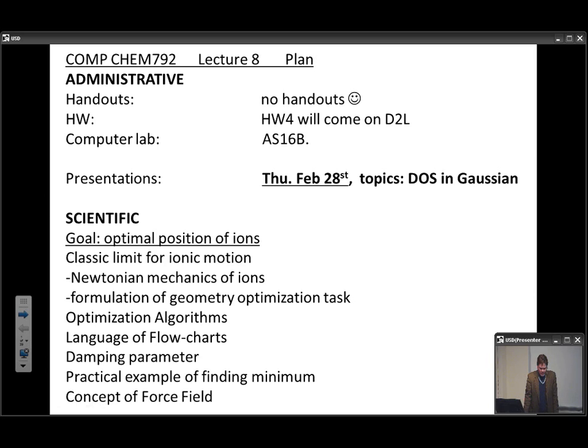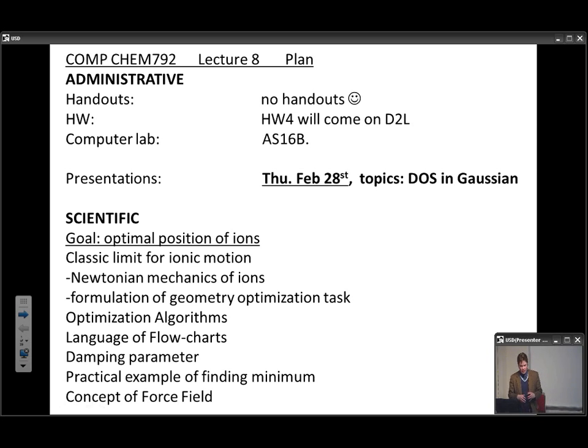our course will contain several chapters, and some of them will be connected with ionic parts, with positions of ions, and some of them with electronic structure.